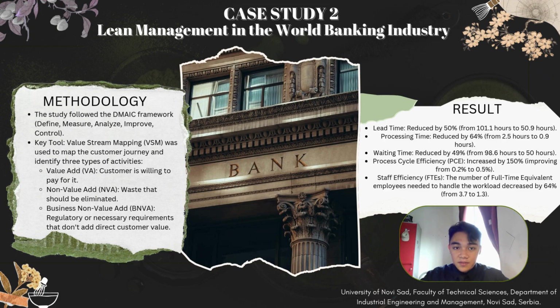The result shows positive improvement: lead time reduced by 50%, waiting time reduced by 49%, and staff efficiency improved. The employees needed to handle the workload decreased by 64%, from 3.7 to 1.3. So from there, we see industrial engineering can be used in other fields, including banking.